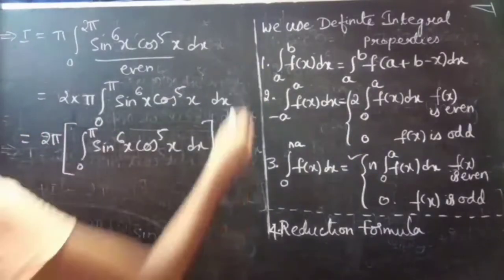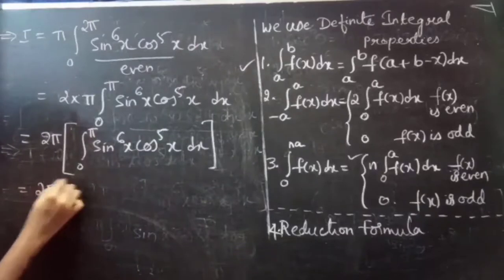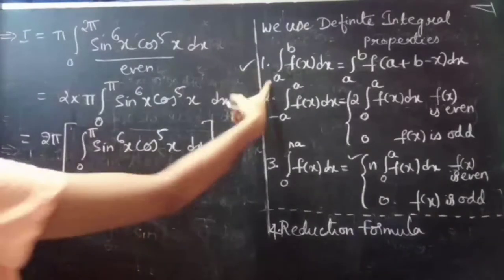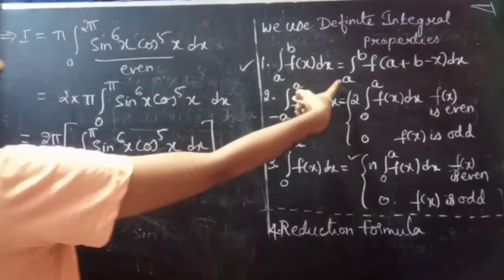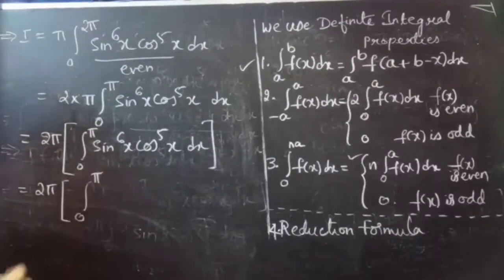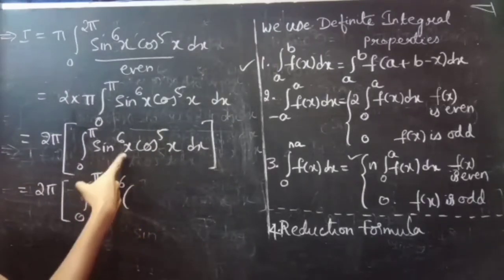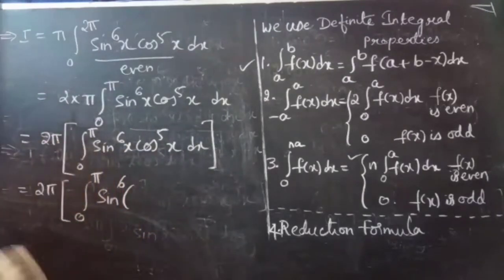Okay, so you'll use the first property, which is the integral from a to b of f of x dx equals the integral from a to b of f of a plus b minus x. That is, you have to change x in terms of a plus b minus x.